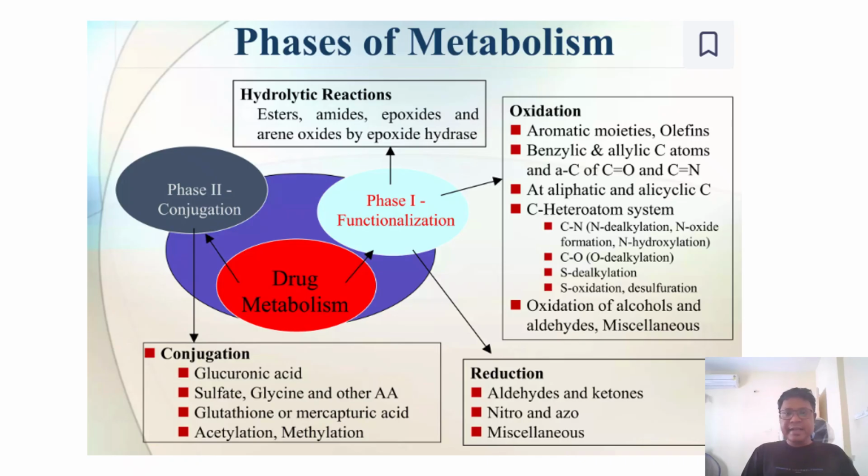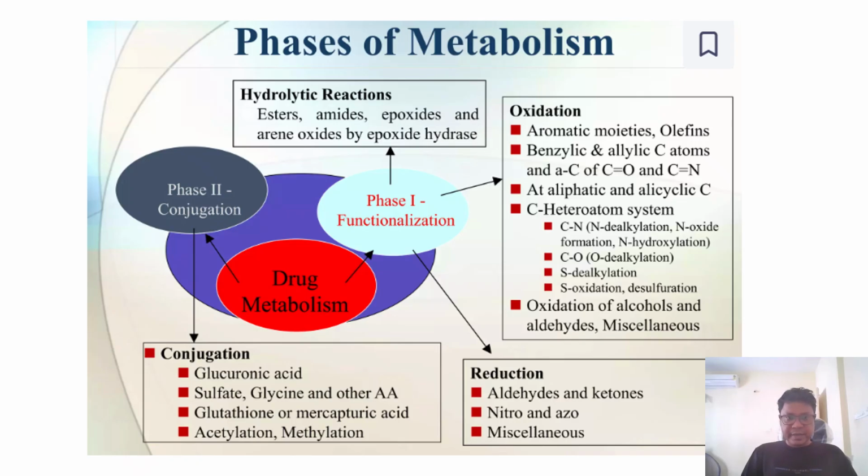Then various kinds of oxidation reactions come under phase one metabolism, like aromatic moieties, olefins, benzylic or allylic carbon atoms, C=O and C=N bond oxidation, oxidation at aliphatic and alicyclic carbon, C-heteroatom systems, and oxidation of alcohols, aldehydes, and miscellaneous. Then there is reduction: aldehydes and ketones, nitro and azo, and miscellaneous.